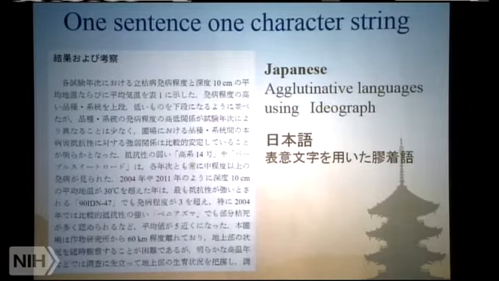This slide shows the distinctive feature of agglutinative languages. There are no spaces between words, only commas and periods indicate the breaks within and between sentences. See these examples. This and this have the same meaning and short translation.